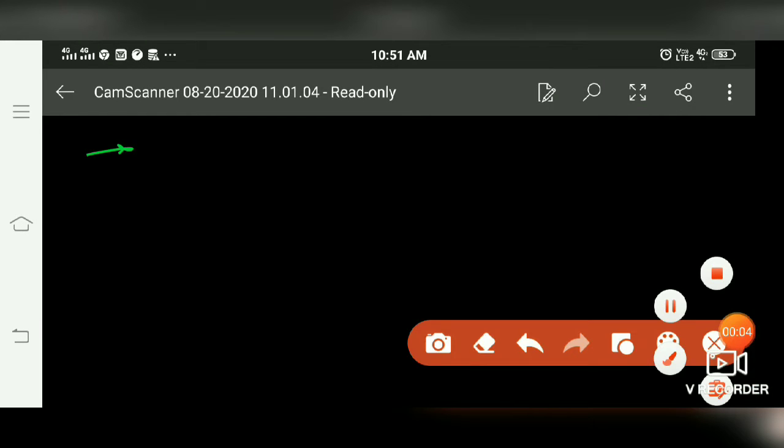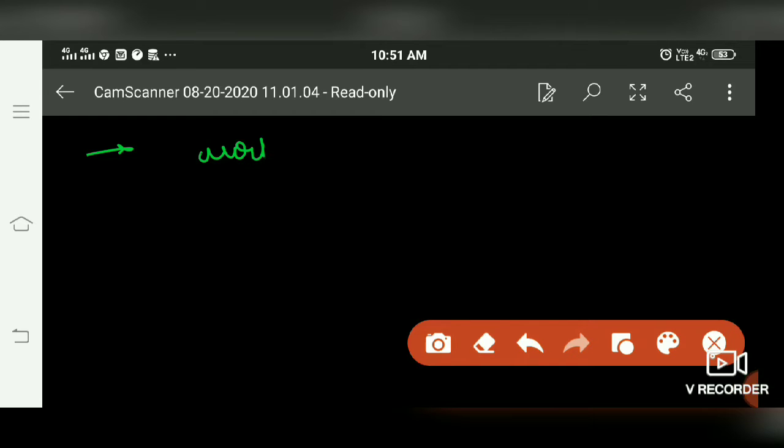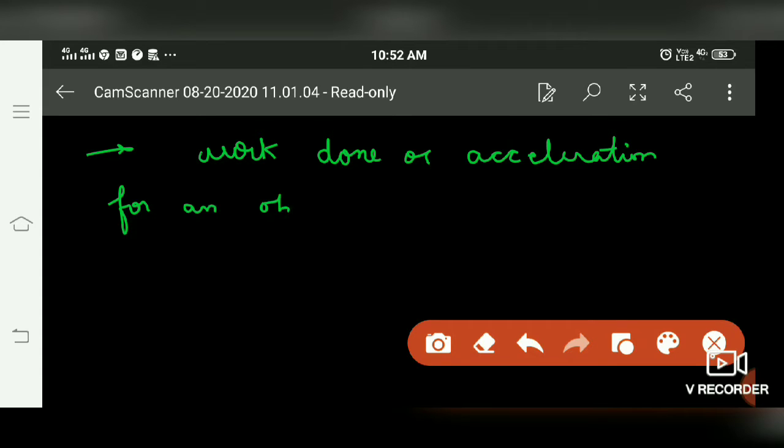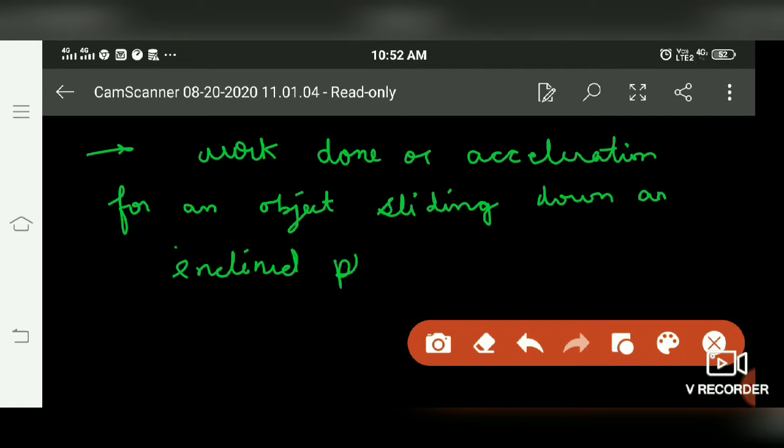Next we have to discuss the work done or acceleration for an object sliding down and up an inclined plane, and also the work done or acceleration for the object moving up an inclined plane.